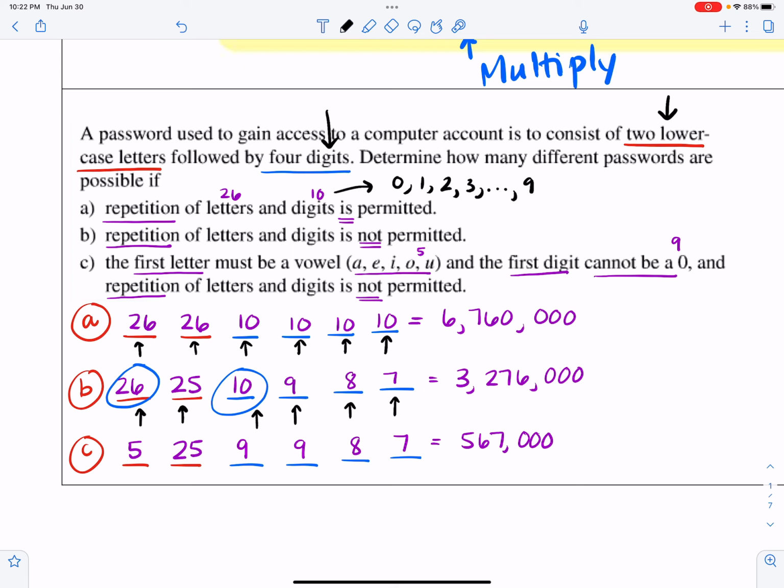Like the first letter must be a vowel, that means there's only 5 options, A, E, I, O, U. The second letter can be anything except for the first one, because there's no repetition here. And then the first digit cannot be a 0, so that leaves 9 possibilities. The other digits can be anything except for the one that came before. And that's why we're looking at 9, 8, 7.